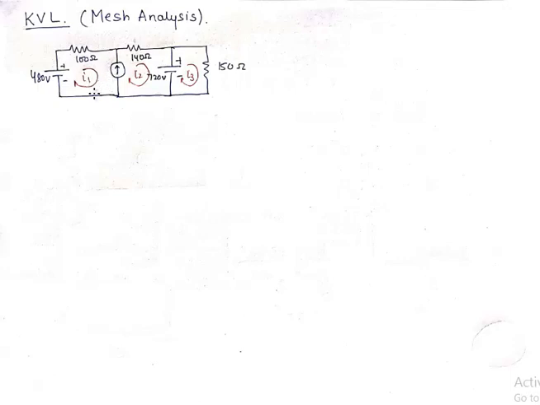So what I'll do is I'll take up this super mesh, and because this current source is 12 ampere, I'll also get the relation between I1 and I2, and then I'll take up this last loop to find out 3 equations.